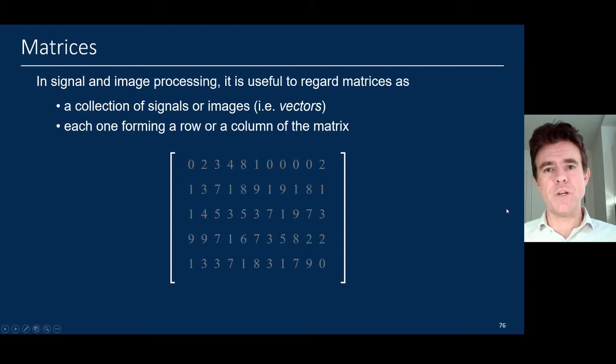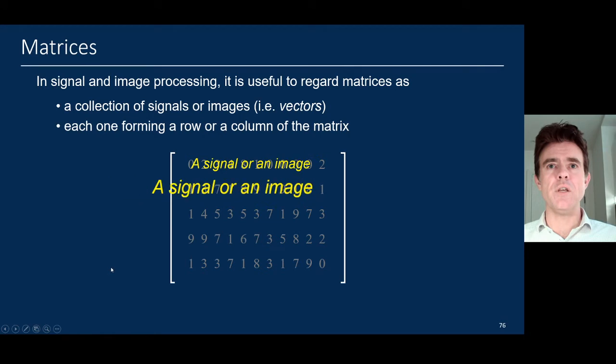Okay, so that's what vectors are like. What about matrices? Well, you're probably familiar with matrices as being effectively a 2D array, a grid of numbers. But I want here to show them in a way that links them to signals, images, functions, and indeed, therefore, vectors.